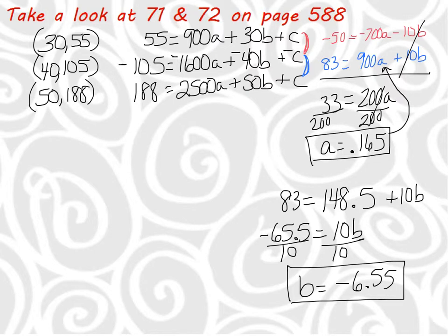So you're going to have 55 equals, and you take your 900 times 0.165, and I get 148.5, and then you take your b times 30, and end up with a negative 196.5, and then plus c.